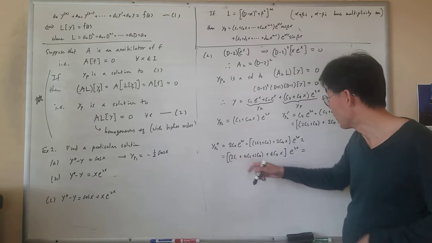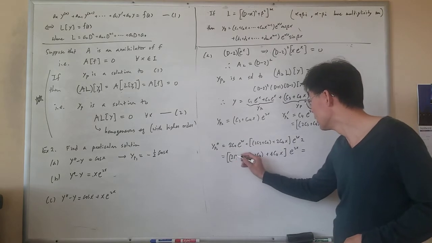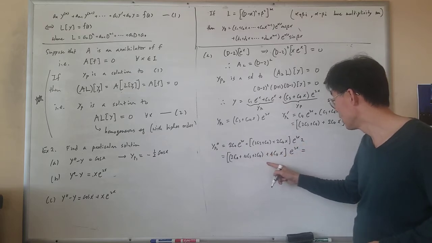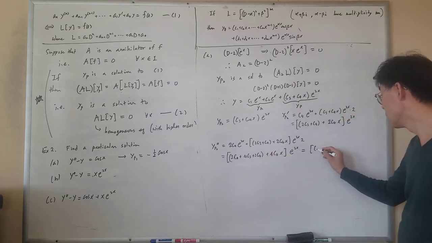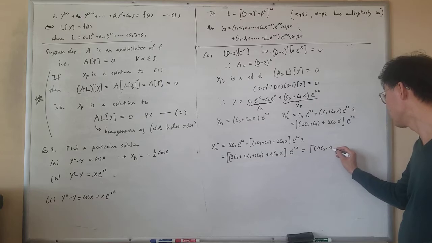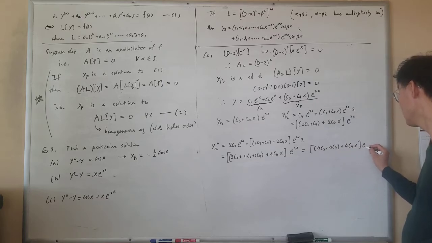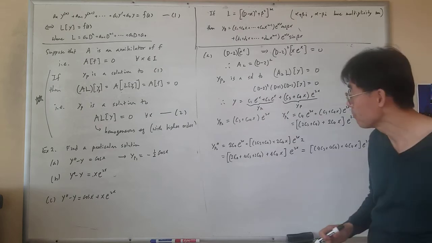This is c4, actually. I'm factoring out this 2 times this. So it's going to be 4c3 plus 4c4 plus 4c4 x e to the 2x, right?